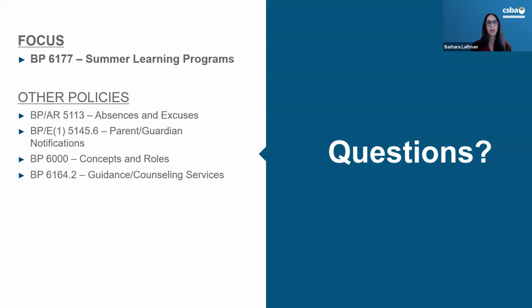We have tried to create as many active links as we can to go directly to those materials. So I believe that the guidance referenced in BP 6000 would be accessible through the policy reference section.